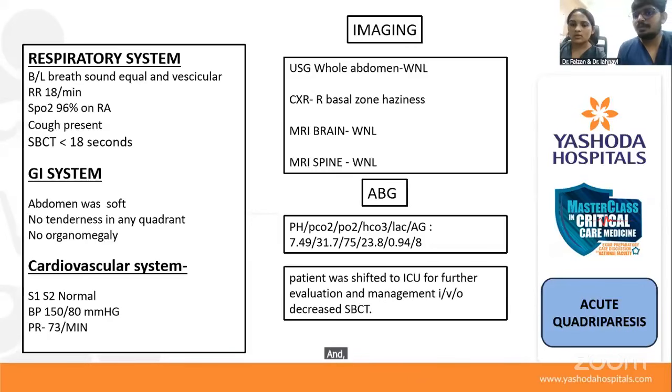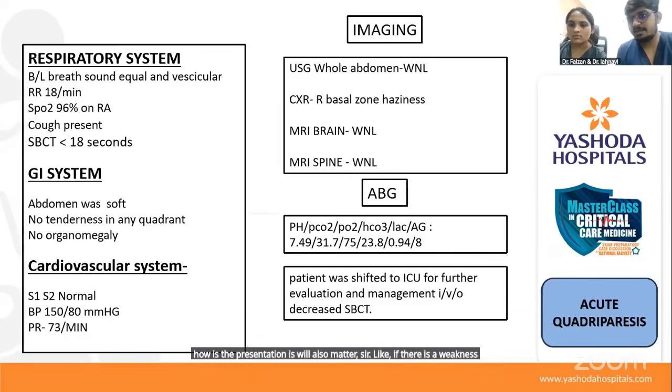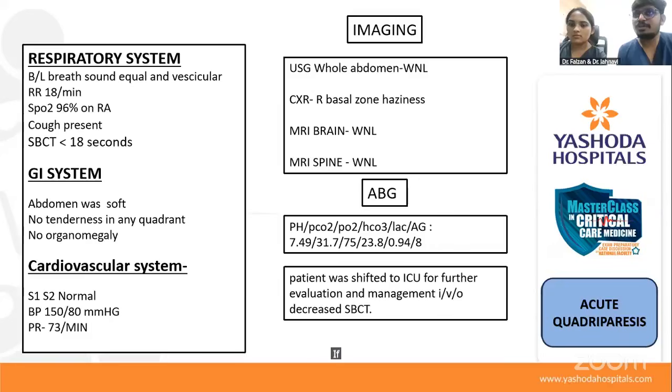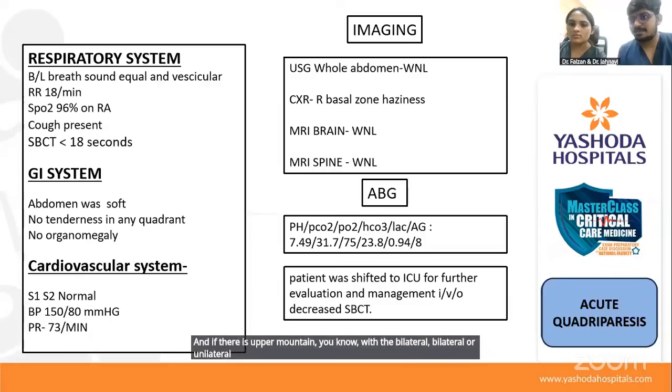How the presentation is will also matter, sir. If there is weakness with CNS involvement, then we have to think of CNS causes. Then if there is no neural involvement, we have to divide into upper motor and lower motor. In that too, if there is upper motor neuron involvement with bilateral or unilateral paresis, based on that again we can divide these illnesses.